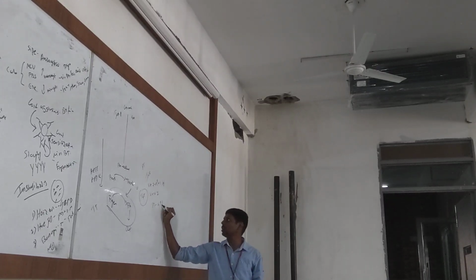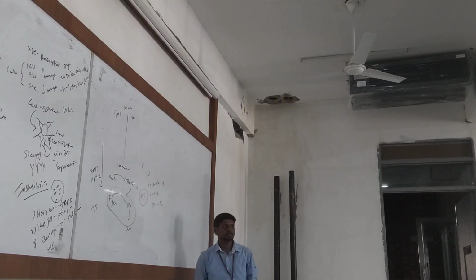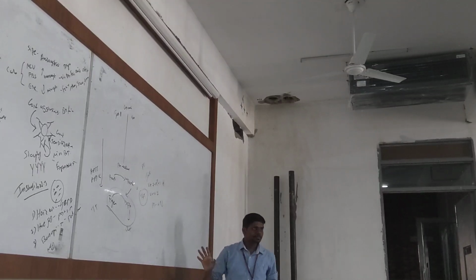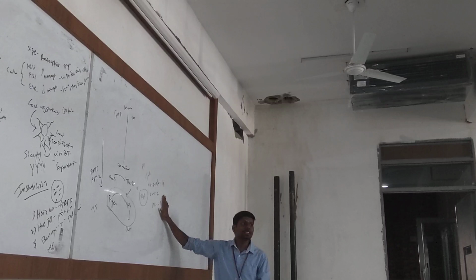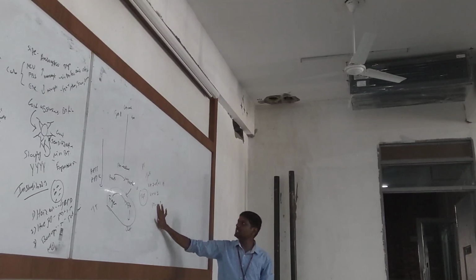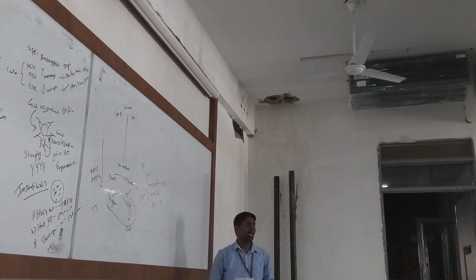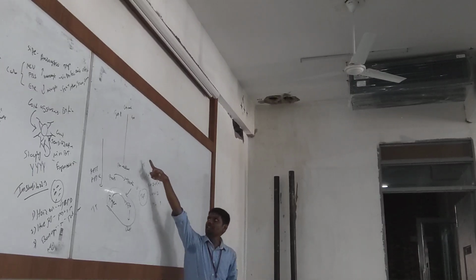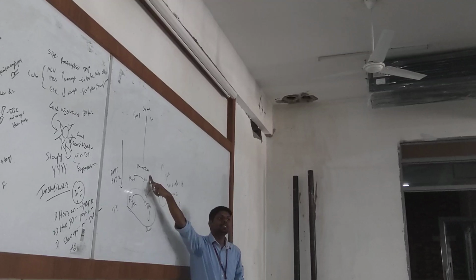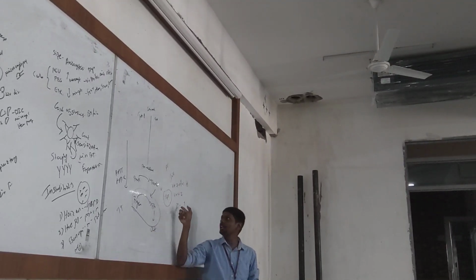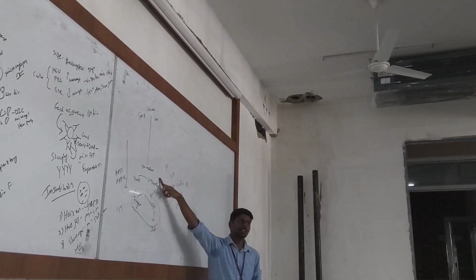Is it normal, increased, or decreased? It will increase. Why? Clotting factor 7 is present in the extrinsic pathway, so extrinsic and common. PT will increase in this one.